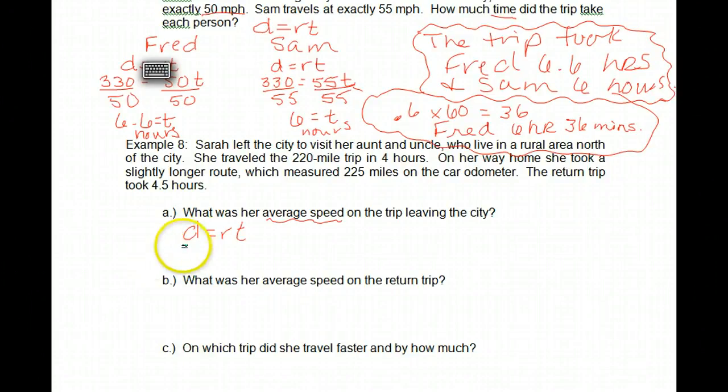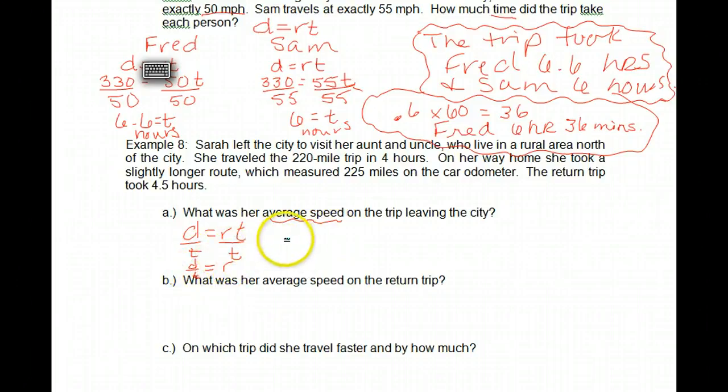Okay everyone, by now you should have solved your distance formula for R, and in order to do so, you would want to divide both sides by t, and you would have that r equals d over t.